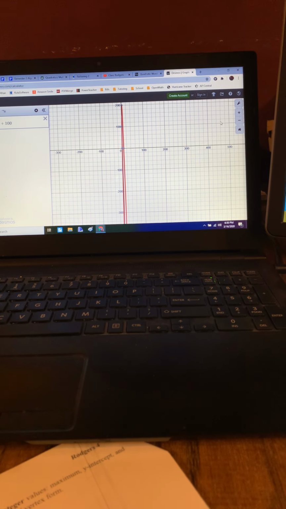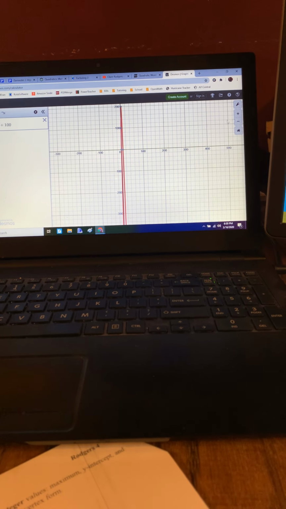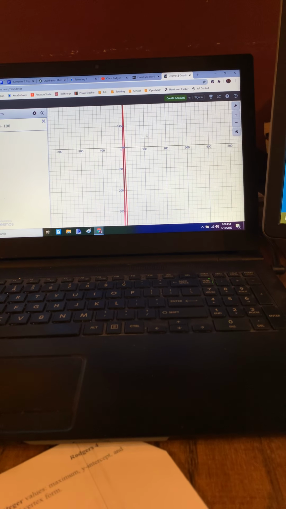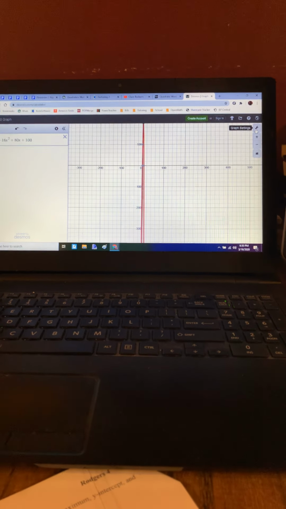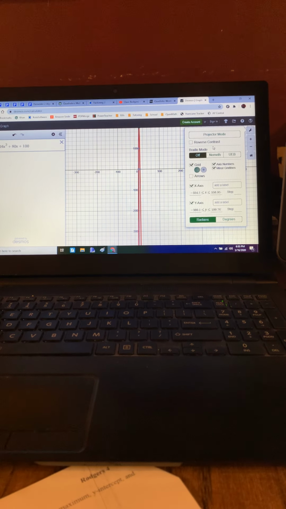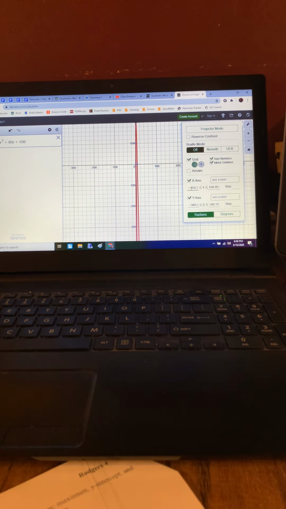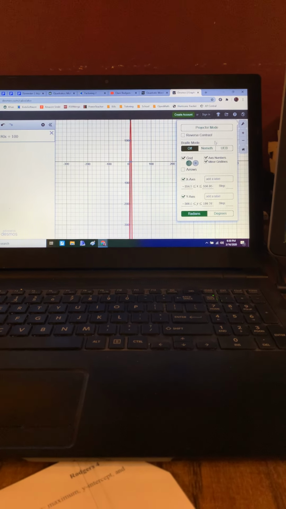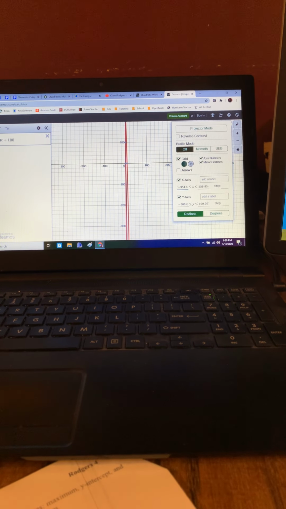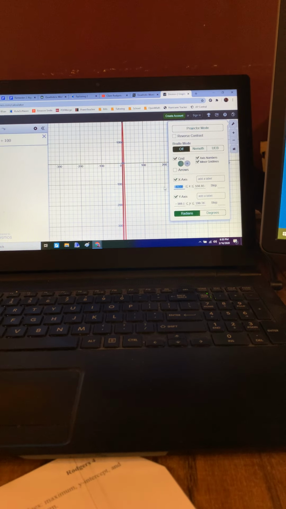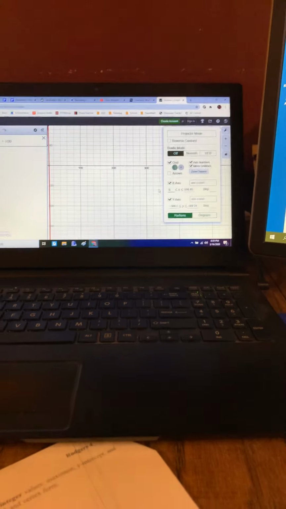Okay, so now let's see. I wonder if we can graph settings. Okay, so there we go. So you go to graph settings, and then we go to x-axis. I definitely don't need that far to the left, so I'm just going to say 0 because it said the positive x-intercept.